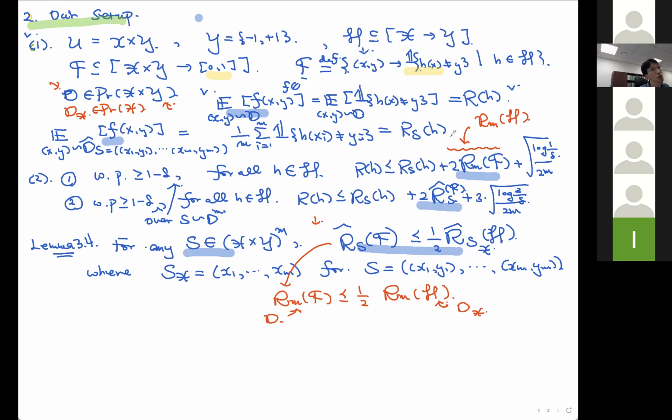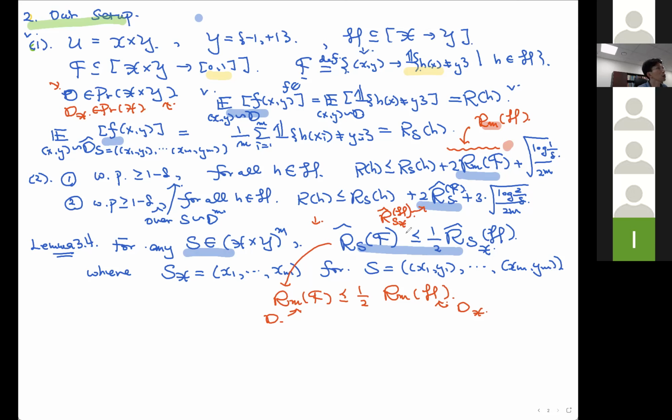Okay. So that means we can replace the term that I just pointed out by this quantity that I just wrote there. And in a similar way, we can replace this empirical Rademacher complexity involving F by just 2 times the empirical Rademacher complexity of H with the projected part of S. Okay.